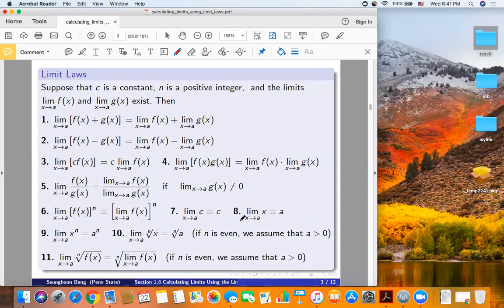If n is even, we assume that a is greater than 0. If n is odd, it doesn't matter, since a can be positive, negative or 0, so not a problem. Just the even case: the index is even, a is always positive. Okay, so these are the limit laws.